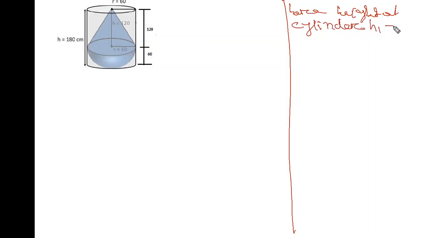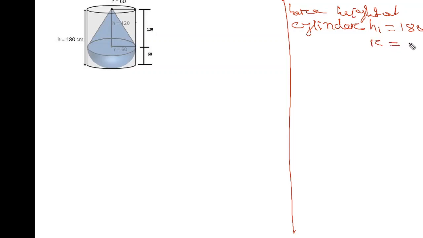H1 you can write H1 is equal to 180 cm because these are 60, these are 120. That means height of the cone that is 120 and radius of this hemisphere is 60. So total height will be 120 plus 60. So you can write 120 plus 60 equal to 180.